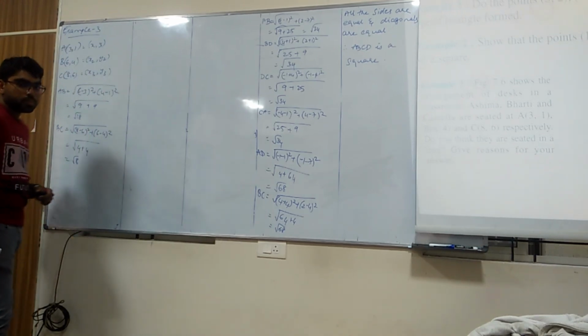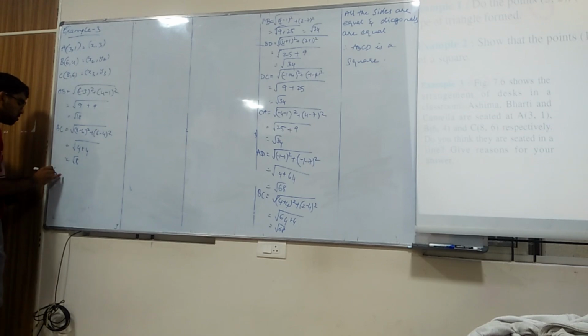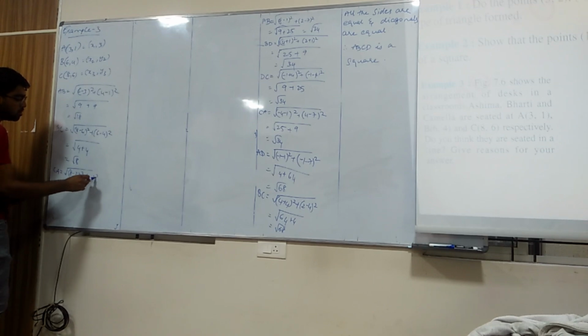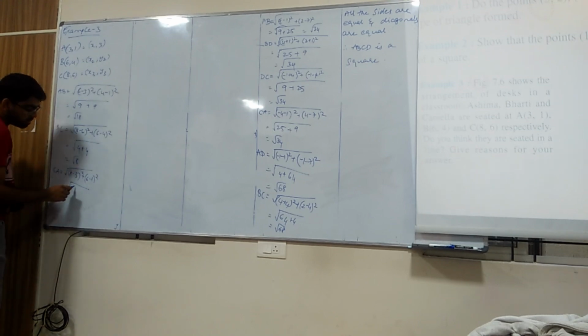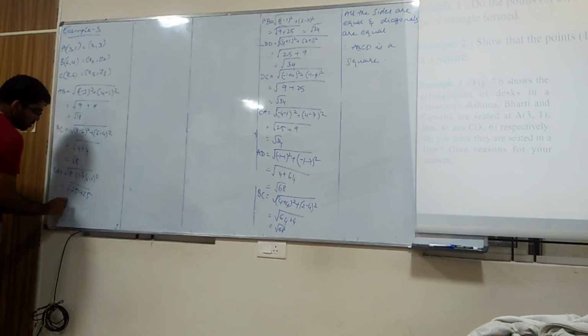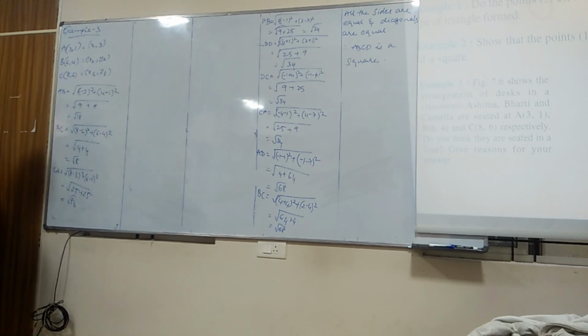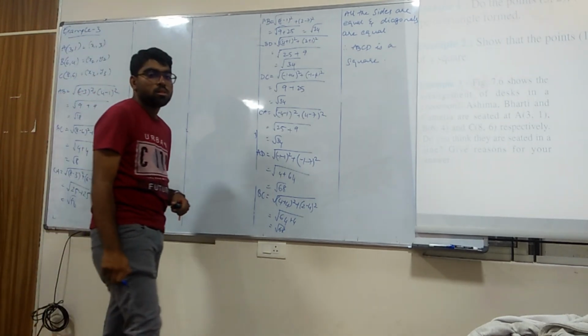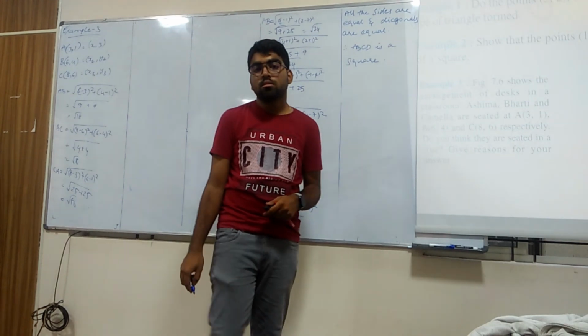Okay, find out CA. Root of 8 minus 3 the whole square plus 6 minus 1 the whole square. 8 minus 3 is 5. Yes? 5 square is 25 plus 25, which is root 50. Now what is it?